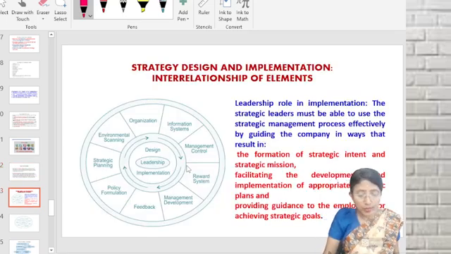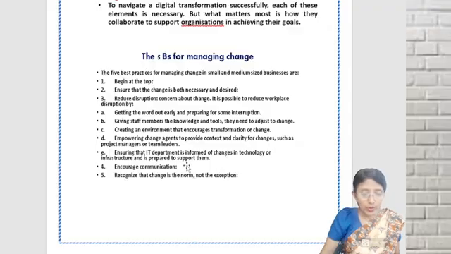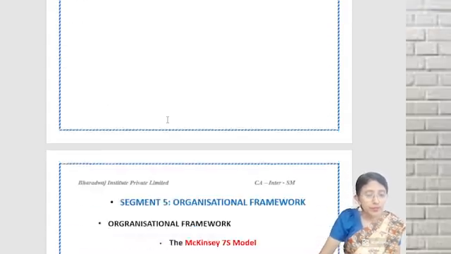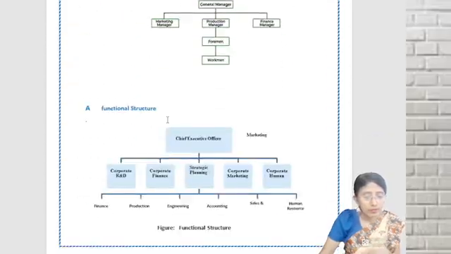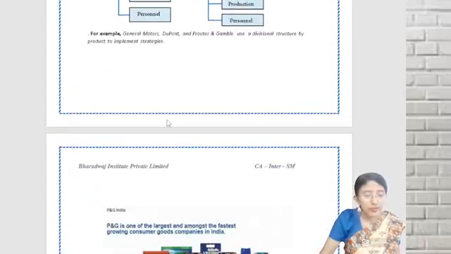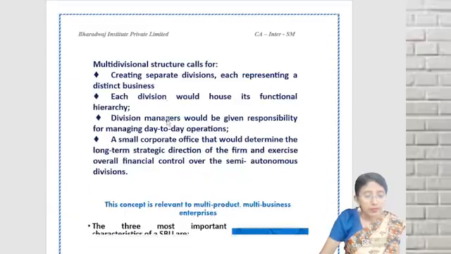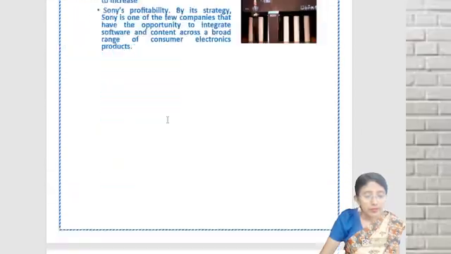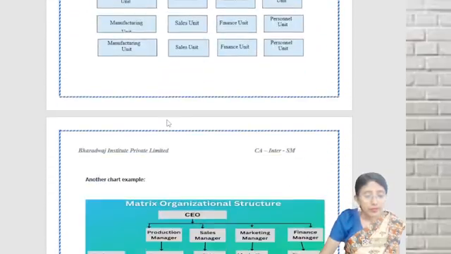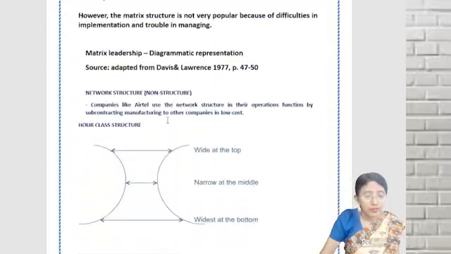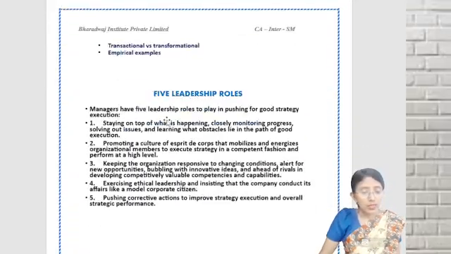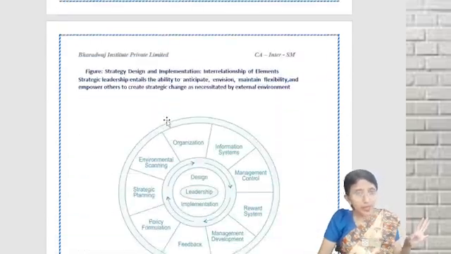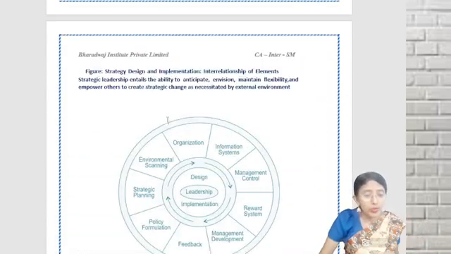However, you can give your own example also. Okay, all this about leadership, definitely there is a question. We have given you an empirical example, don't worry. So you make use of that.